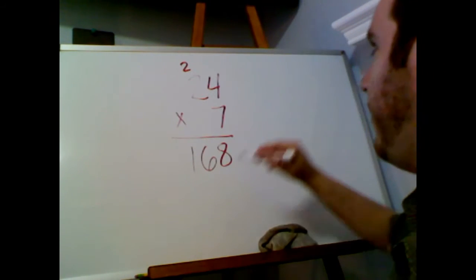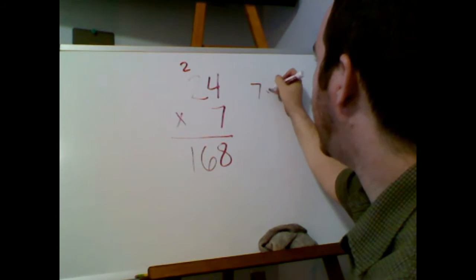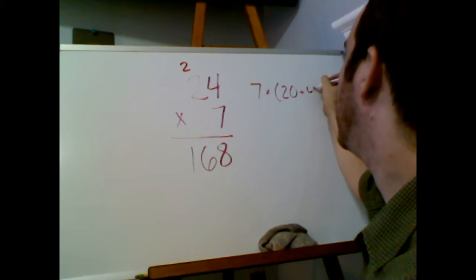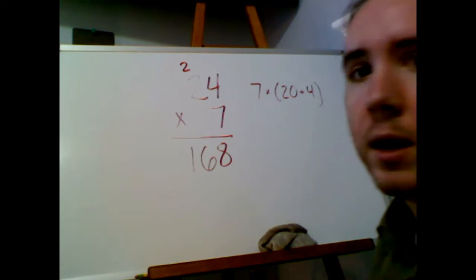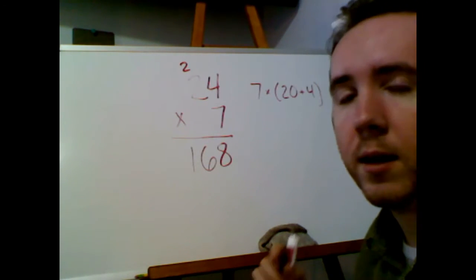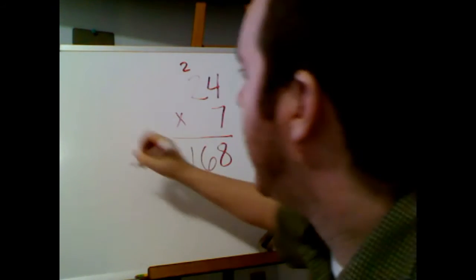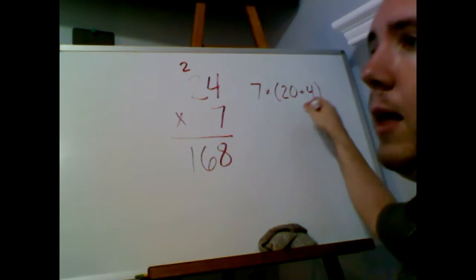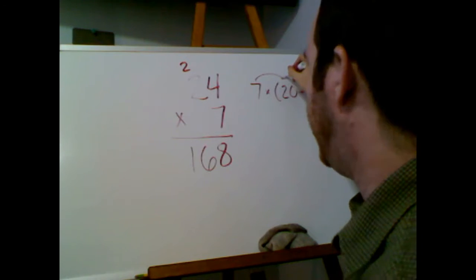Another way you can think about this, what we're really doing, is we're doing 7 times 20 plus 4. Okay? And there's a rule, it's called distribution. Whenever you have a number times a sum, like this, the sum is grouped together in the parentheses, you can multiply inside.